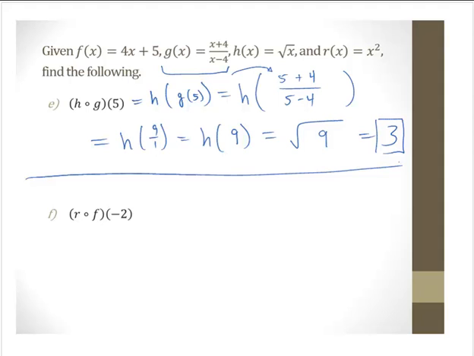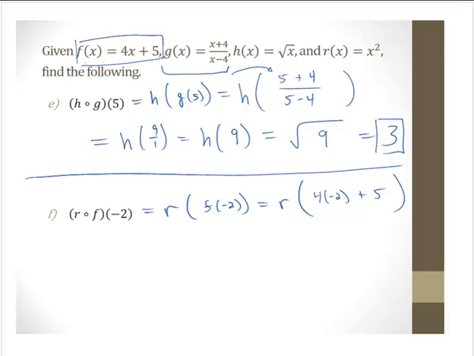R composed f of negative 2. That would be R of f of negative 2, which would be R of, now f of negative 2 is 4 times negative 2 plus 5 from the f function.